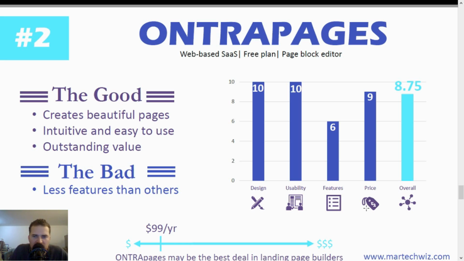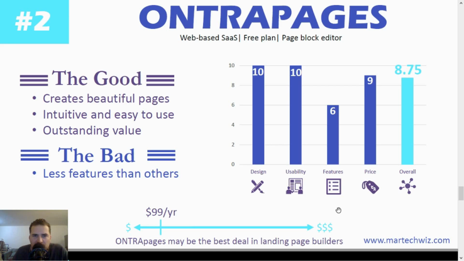No deal breakers that would completely preclude you from having good landing pages. And if you want to know what features they don't have, I would recommend you go to the full review that I have on the website. But overall, just great design, great pages, great user interface, and an outstanding price of $99 per year. And ONTRApages is a great option.